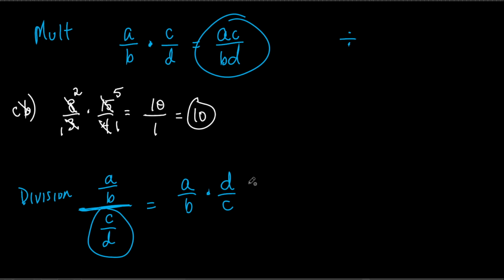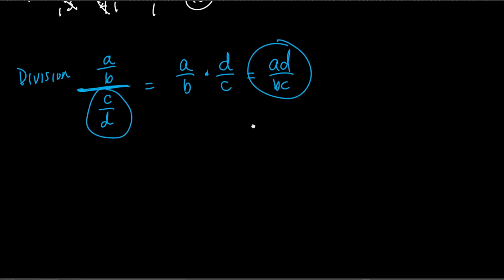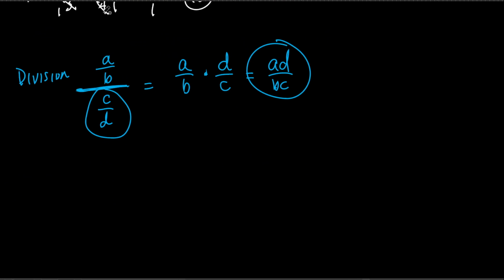Everybody with me? Now we just use the rules for multiplication. Multiply. If something cancels, you cancel. But nothing cancels with A and C and B and D and all that. So you just multiply across the top, AD over BC, and that would be your answer for that division problem. Let's do an example.